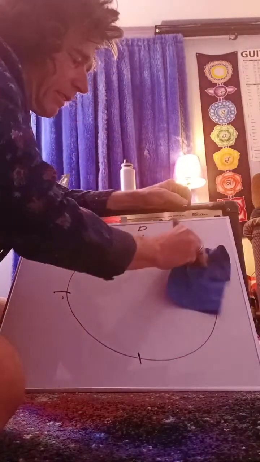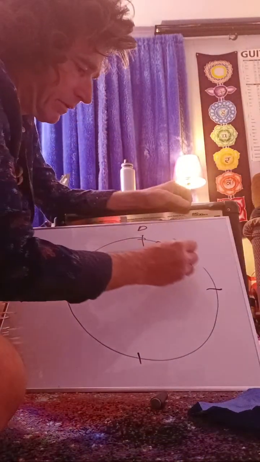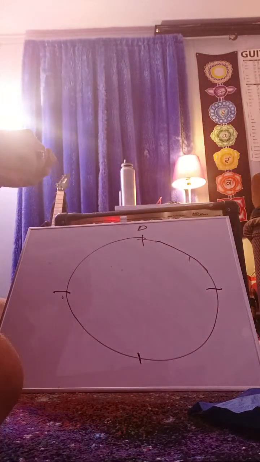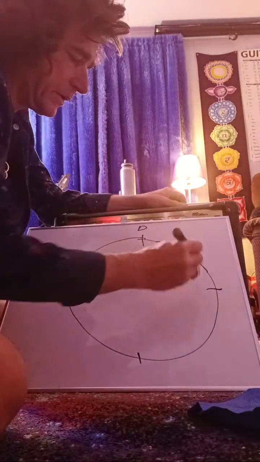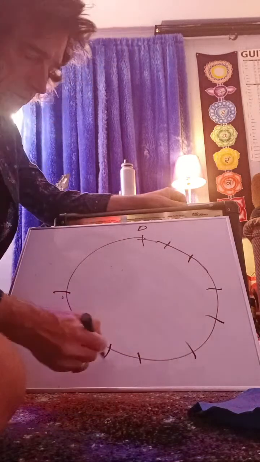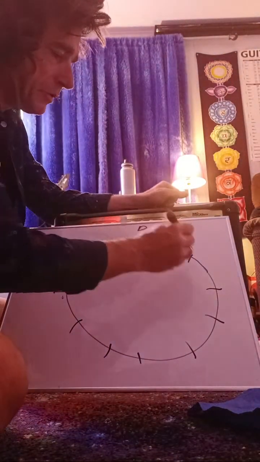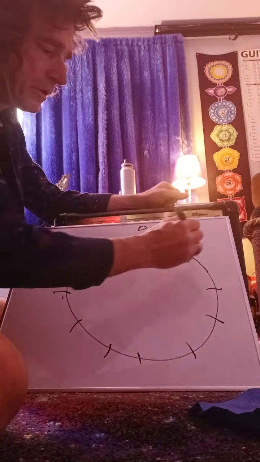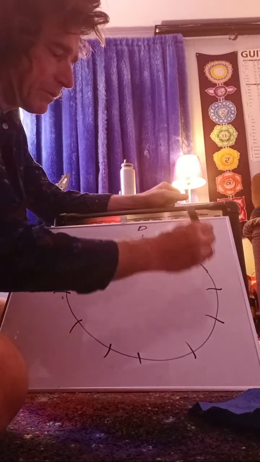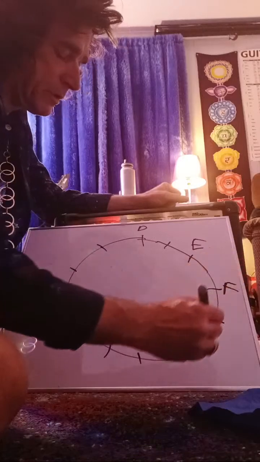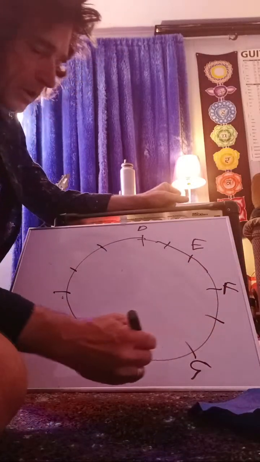That's 3 here, 3 here, 3 here, 3 here. Let's make D the center. Two half steps above that is E. A half step above that is F. A whole step above that is G.